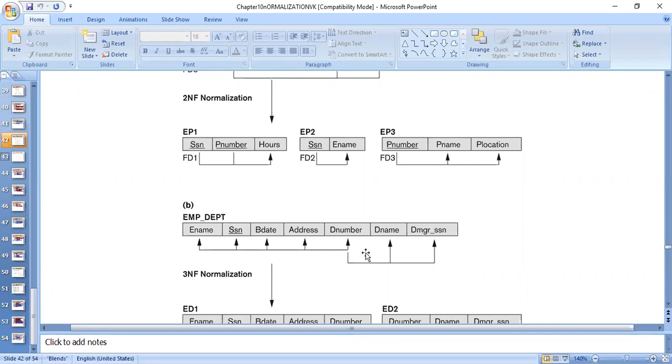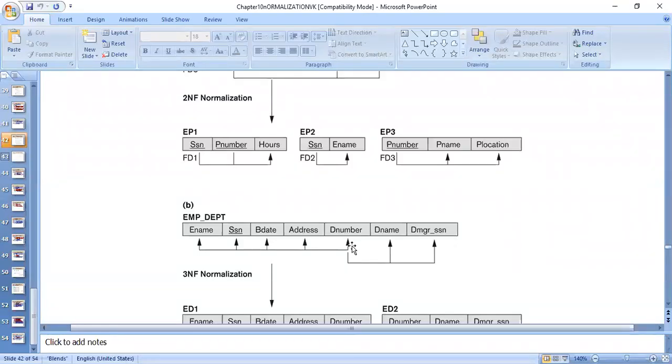Similarly, for MGR SSN, every employee is associated with a unique department. Unique department in the sense that when we talk about an employee, we will not get confused about which department he works for. For example, if I take any student from your class, or maybe from 4A class, the moment I take the student's roll number, I will not be confused whether it belongs to A division or B division.